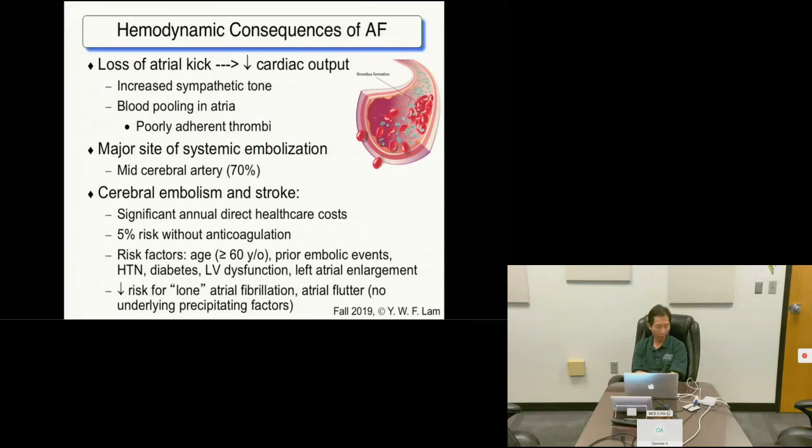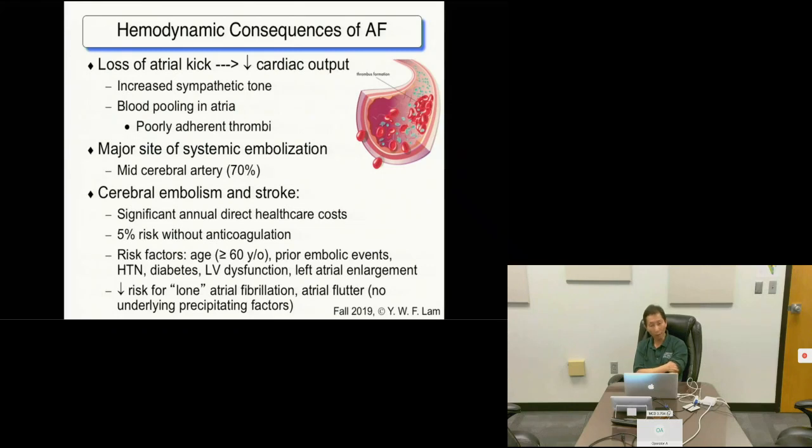It could be the old established agents such as warfarin or some of the newer oral anticoagulants. But especially if a patient has risk factors such as advanced age, prior embolic event, hypertension, diabetes, or left ventricular dysfunction, then we need to anticoagulate the patient in order to reduce the risk of developing stroke.